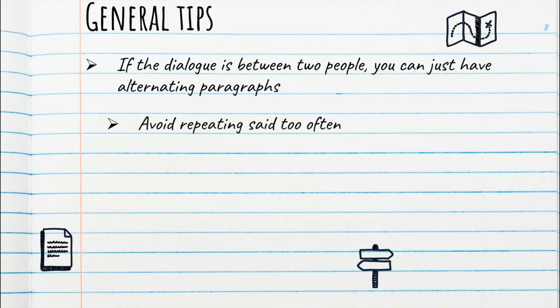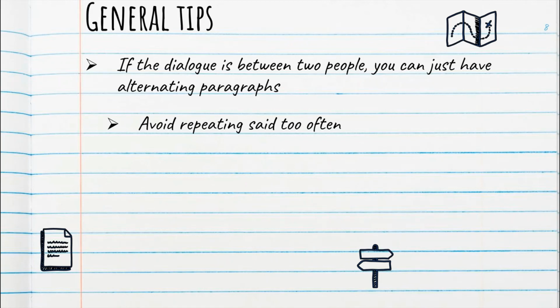So avoid repeating said too often. I know this might sound exactly the opposite of what I just talked about, but there's nothing wrong with the word said. What I mean here is that you don't need to constantly be using speaking verbs if the dialogue is just between two people. If you have alternating paragraphs and each one is a line of dialogue, then it is implied that it is alternating between who is speaking at a given time.